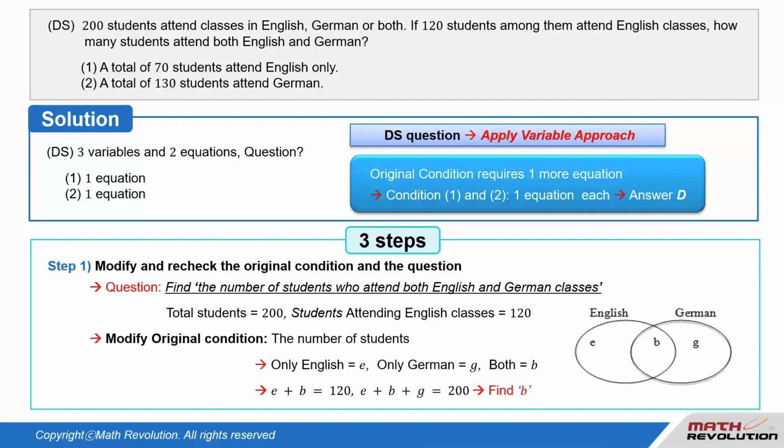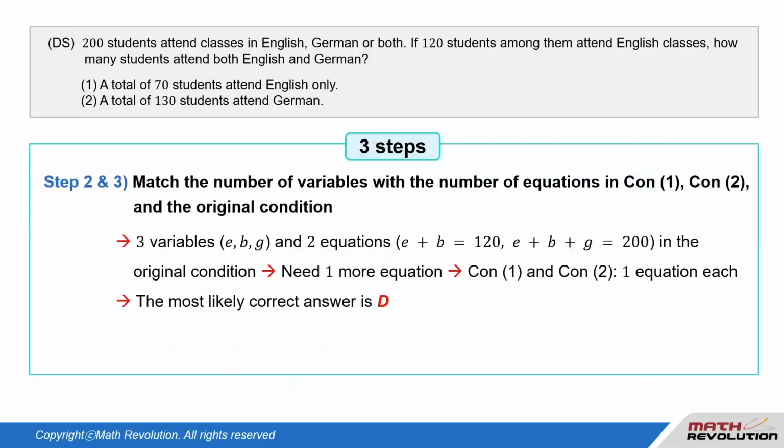Let's take a look at the number of students who attend only English, only German, and both to be E, G, and B. We can now draw a Venn diagram like the following. So, we know that E plus B equals 120, and E plus B plus G equals 200. And we have to find the value of B.